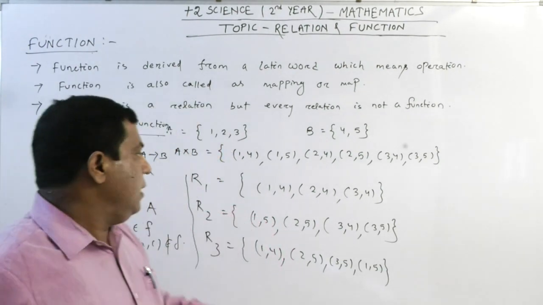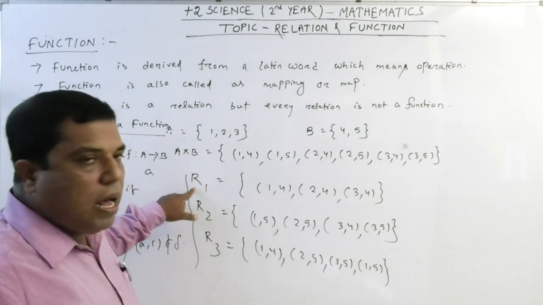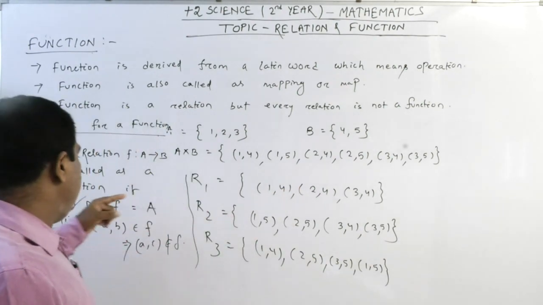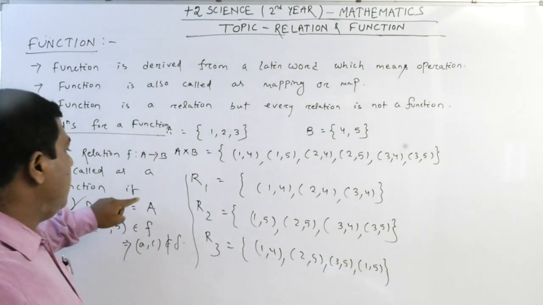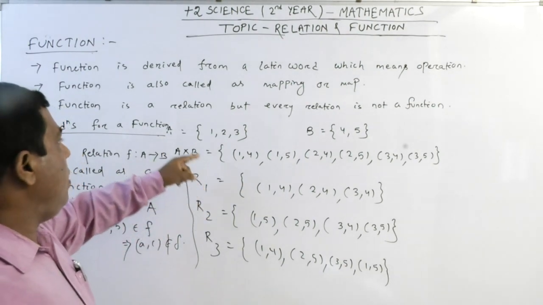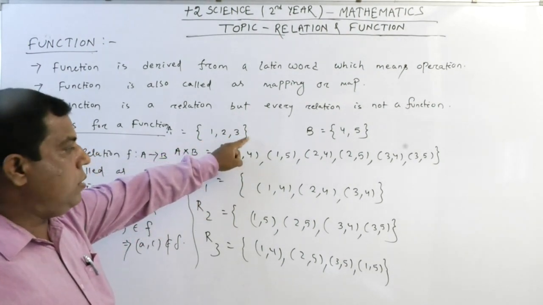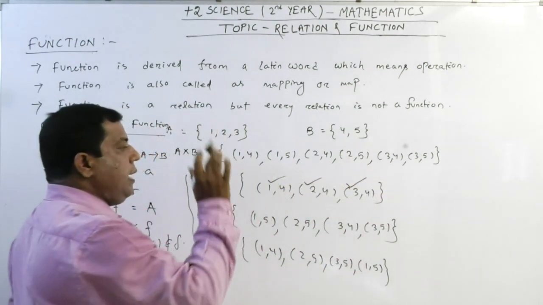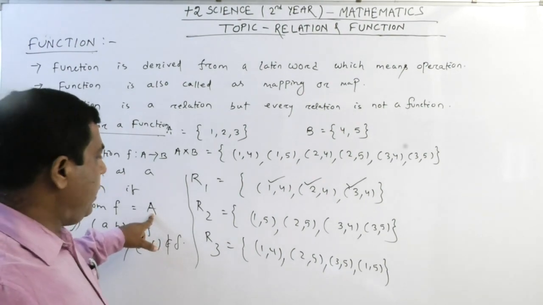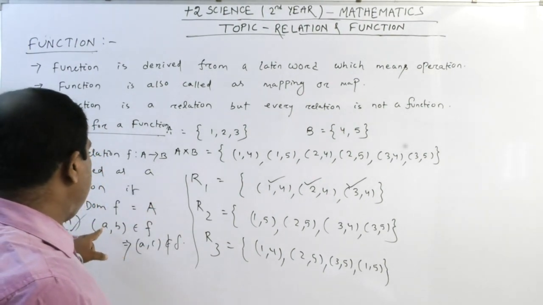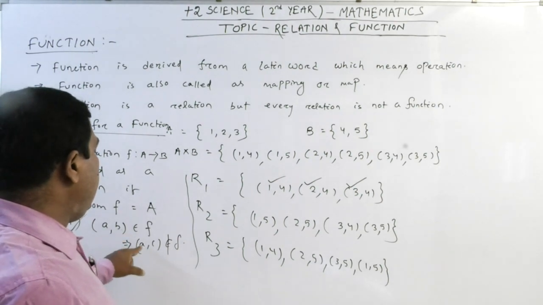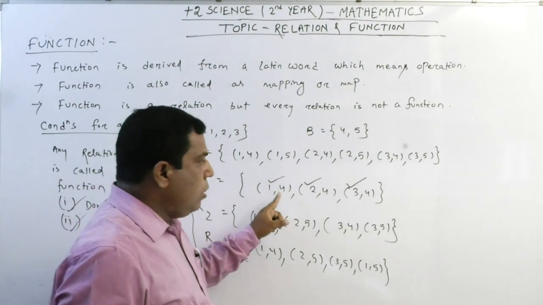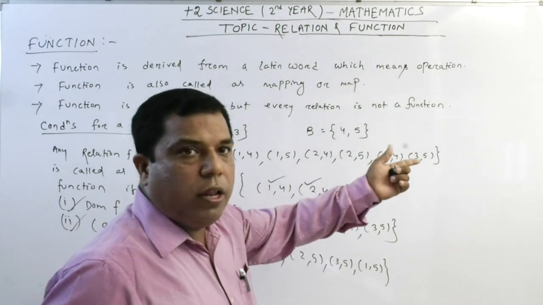So you see this relation R1. First of all, what are the conditions imposed? The domain of the relation should be equal to set A, meaning all elements of set A should be involved. Here the domain of that relation equals set A. Next, if A is related to B, then A can't be related to C. Here 1 is related to 4, so 1 is not related to another element.